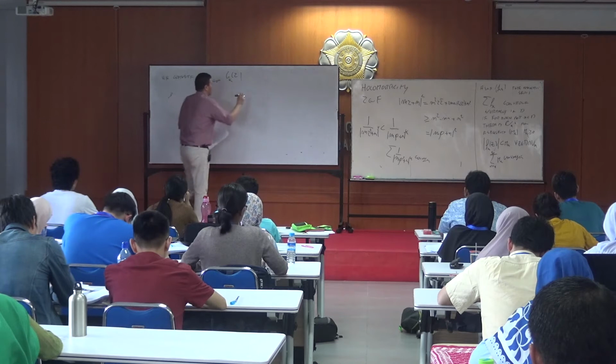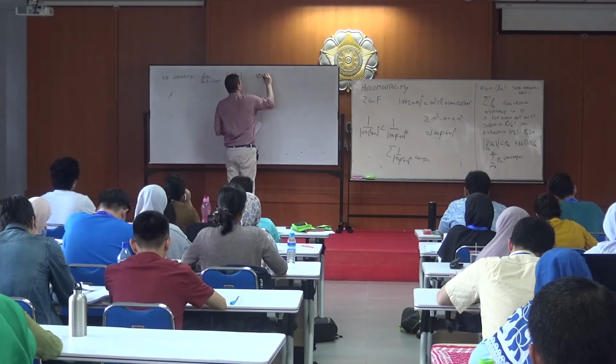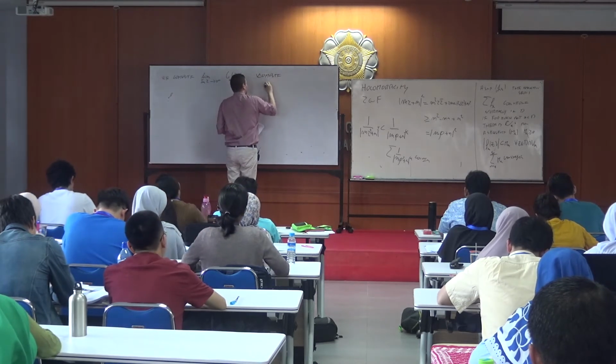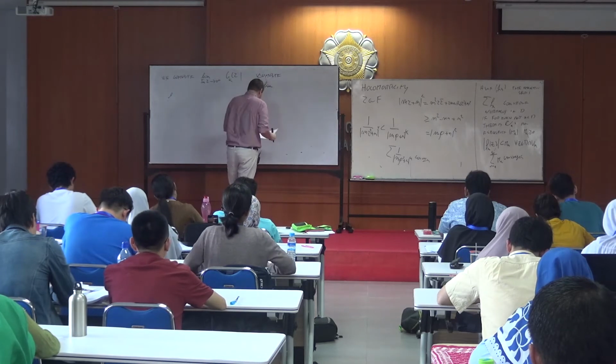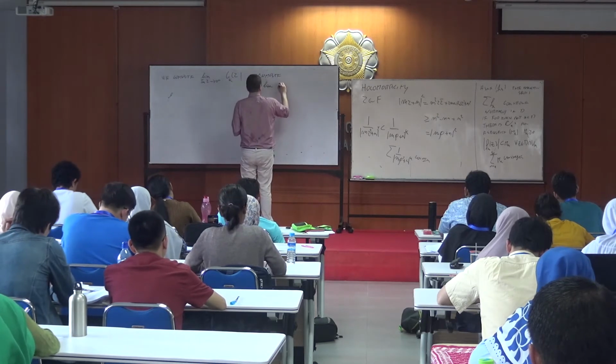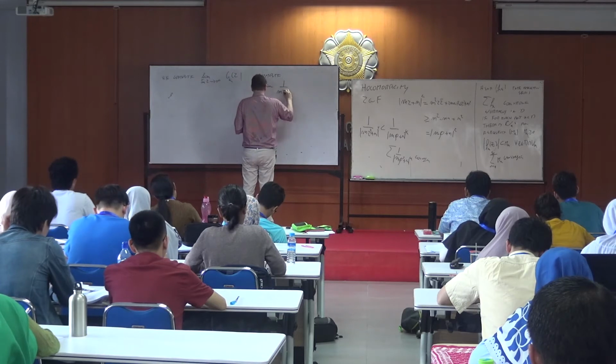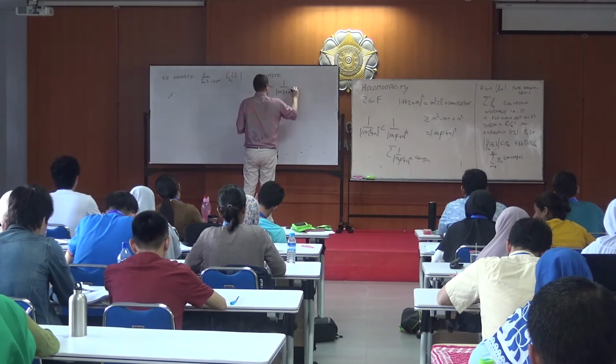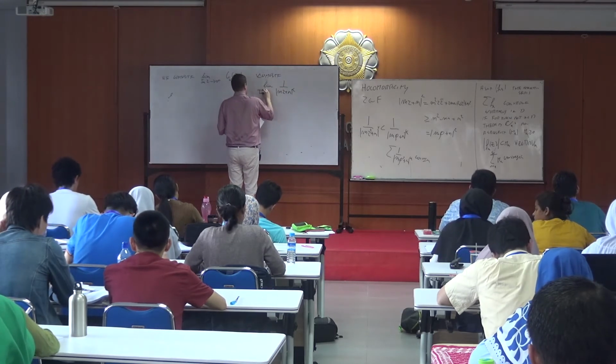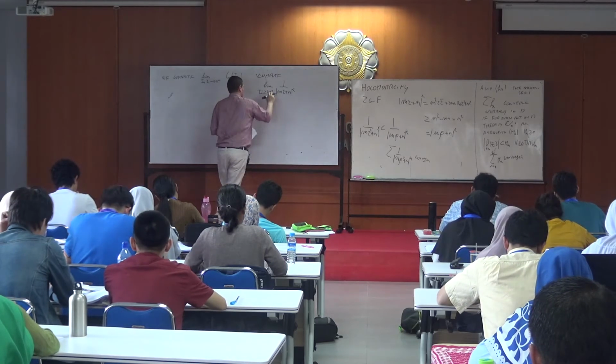So we can compute the limit of any single piece, the limit of 1 over m tau plus n to the k, as the imaginary part of tau goes to infinity.